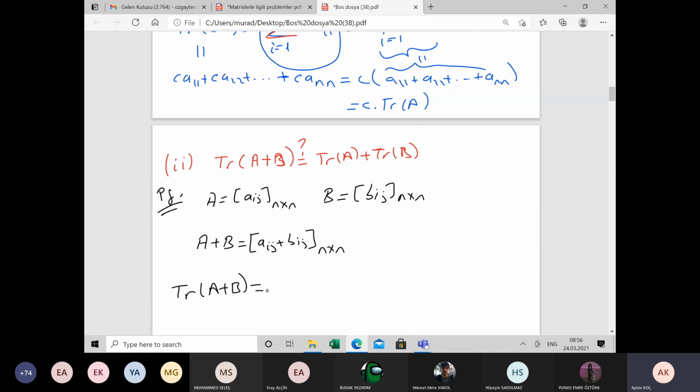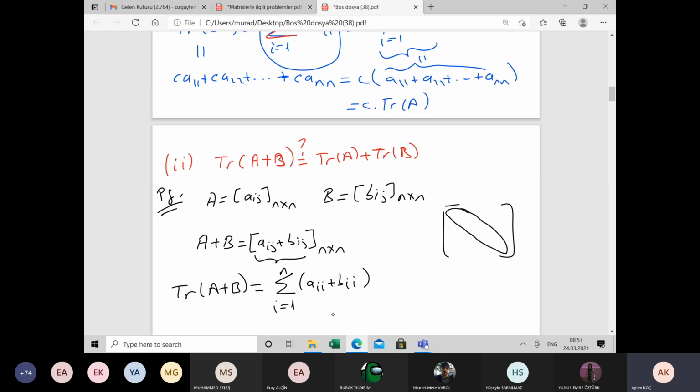The ij entry is in the ith row and the jth column. Looking at the trace of any matrix, we look at the main diagonal entries, the sum of all main diagonal entries. So the trace of A plus B is the sum of A sub I I plus B sub I I, I from 1 to N.